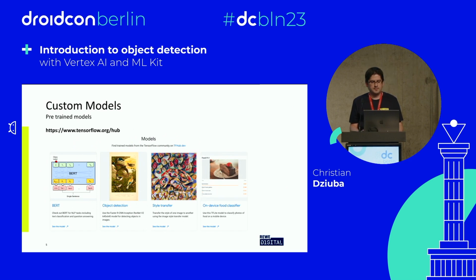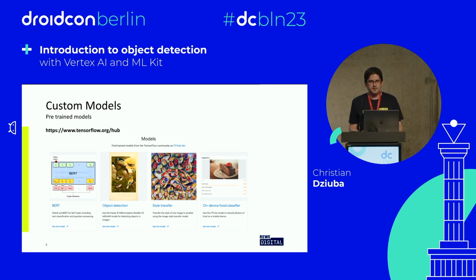If you want to use a model, you can go to the TensorFlow.org Hub page and see if there's already a pre-trained model for your use case. It's not only image and object detection. There's, for example, BERT, which you can use for language processing. So if you have text and want to write some kind of chatbot like ChatGPT, you can use this model. There are pre-trained models for object detection you can use.